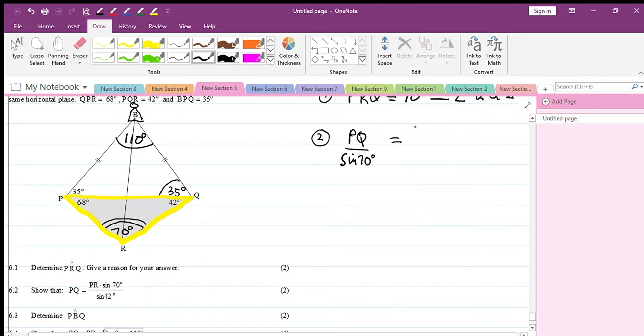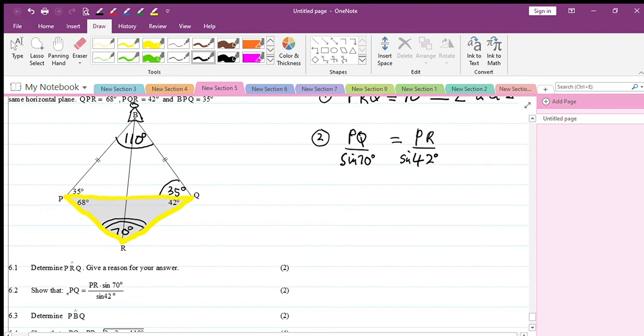PR over which angle is opposite PR? 42 degrees is opposite PR, so sine 42 degrees.